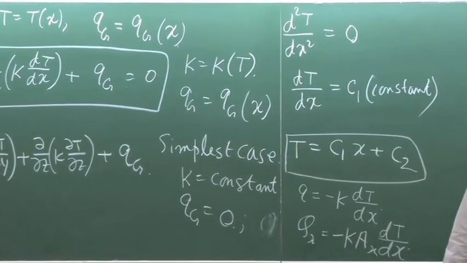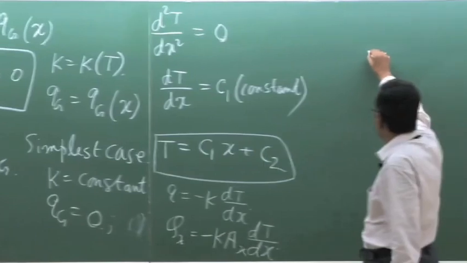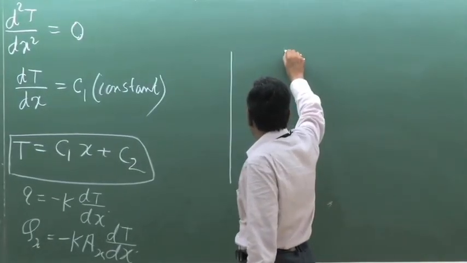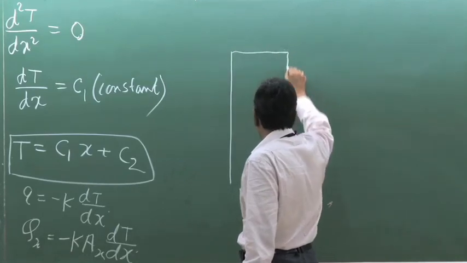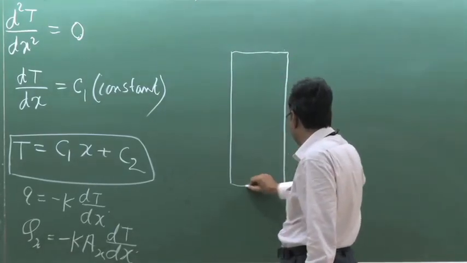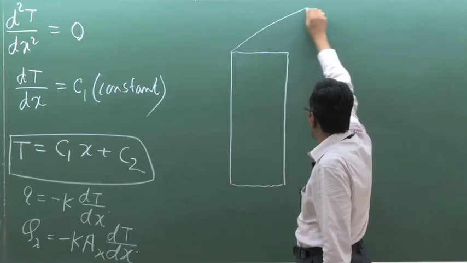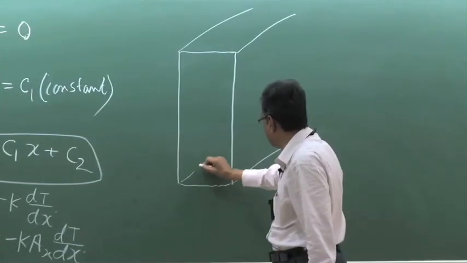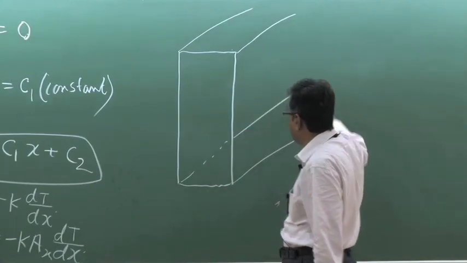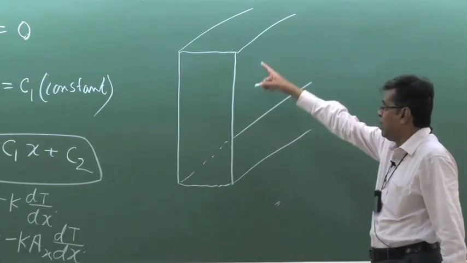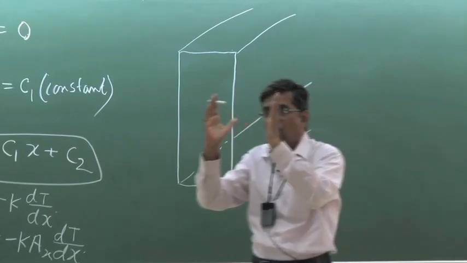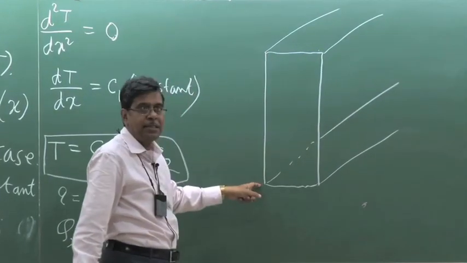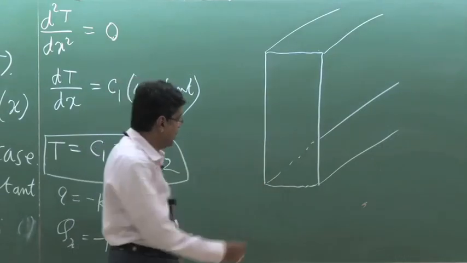So with this, I can now tell you that we realize this in practice in a plain wall, as I already told. What is this practical realization? You can consider a plate or a wall, a plain wall, whose area is a plane surface, constant in the direction of x.